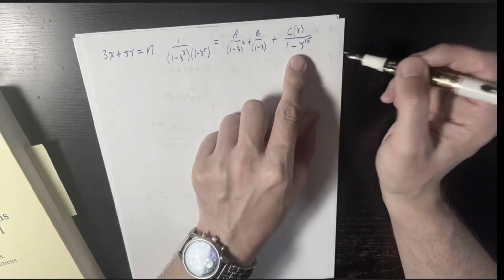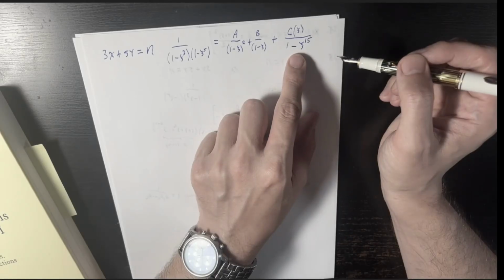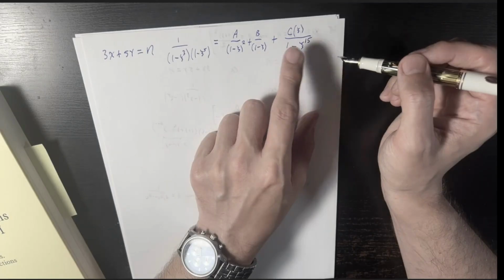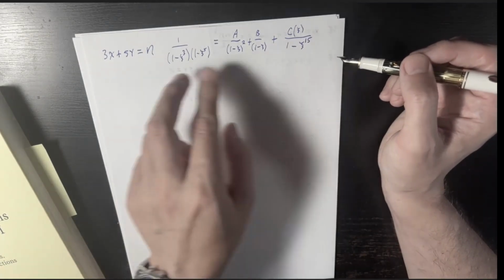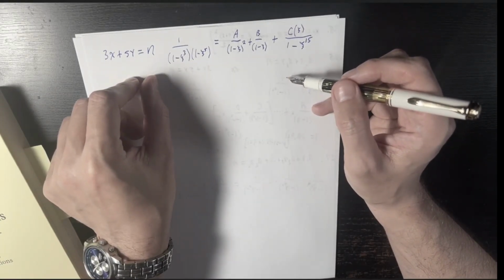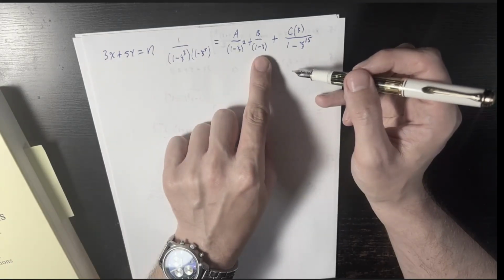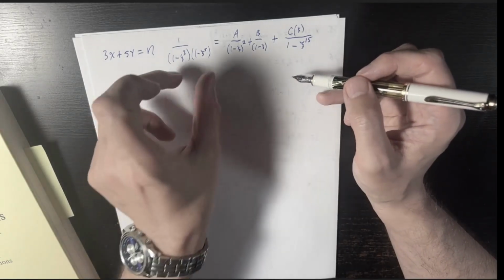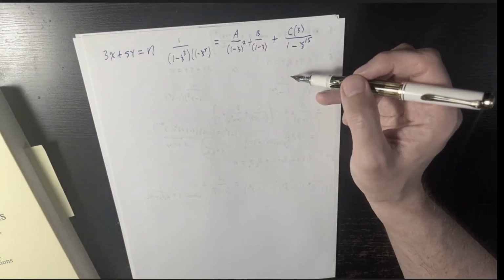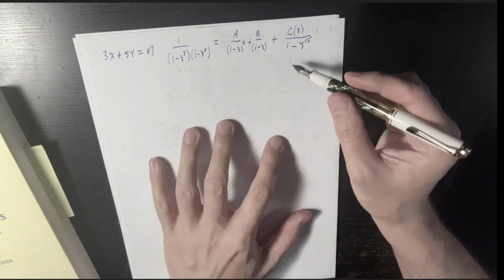Like, we could split this up further, but you could write it this way, is what I'm saying. If we factored two factors of 1 minus zeta out of the denominator, you'd get these contributing to the partial fraction decomposition. And then everything else that's there can be absorbed into this.